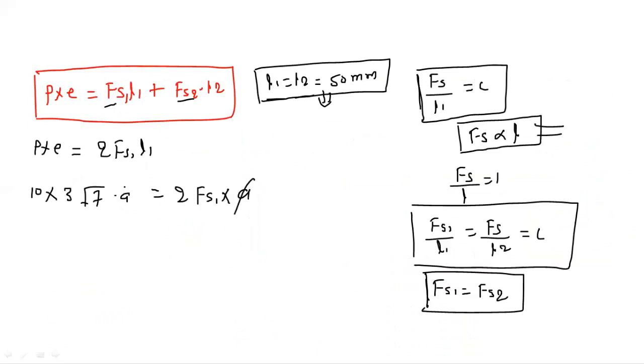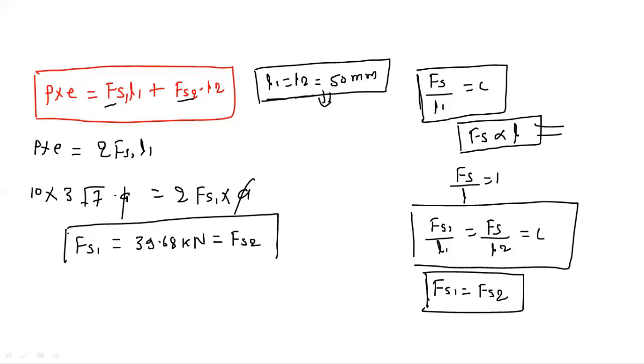So this gets cancelled out. From there we will get the value of Fs1, and that comes out to be 39.68 kilonewton. And yes, it will be equal to Fs2 because both are at the same distance from the center of gravity. That's why both have the same magnitude.